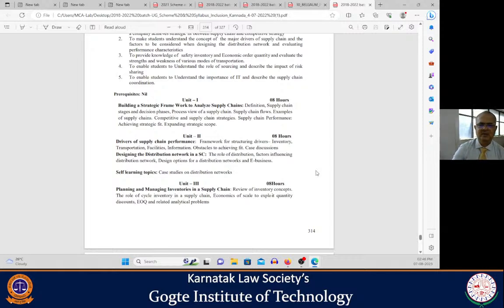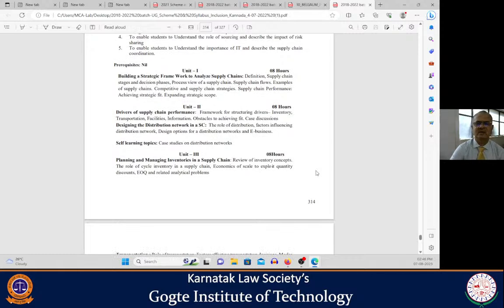Unit number 3 focuses on inventory concepts, and inventory plays a very important role in designing the network, or deciding the transportation and all. So this chapter focuses on inventory concepts, the role of cycle inventory, and sometimes exploiting economies of scale through quantity discounts.